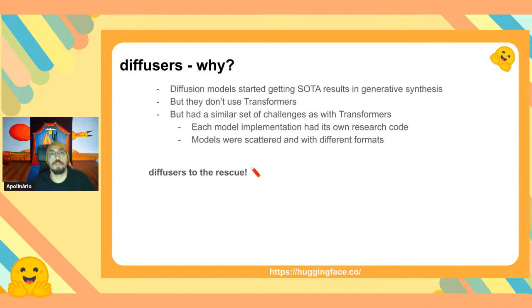It was too far apart from the transformers library context or concept or philosophy. But we had a similar set of challenges as with transformers. Each model implementation had its own research code. Models were scattered with different formats. Each person that would release a model would have a different format, a different structure. So diffusers just made sense. So the team led by Patrick started this process.